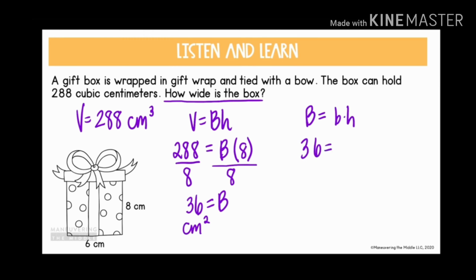And I know from my picture right here that my base is 6, but I don't know my height, or the width of the rectangle base, and so I'm going to solve for h. I do the same thing that I just did, solving a one-step equation, and I can see that 6 is equal to the height, or the width of the box. So 6 centimeters represents the width of the box.